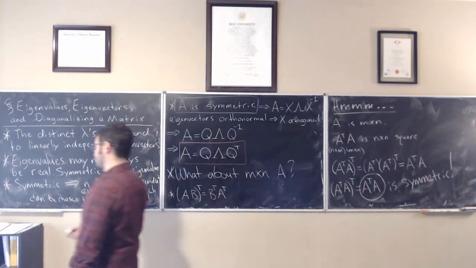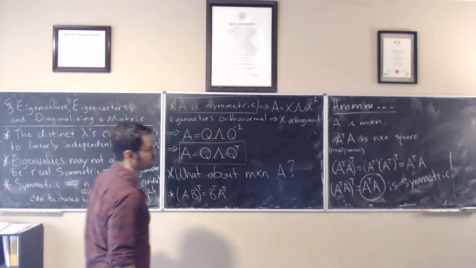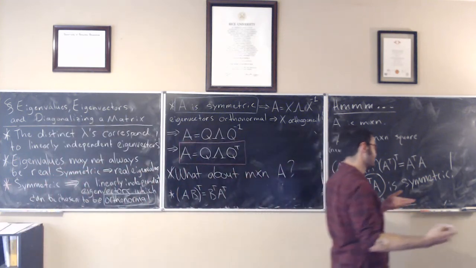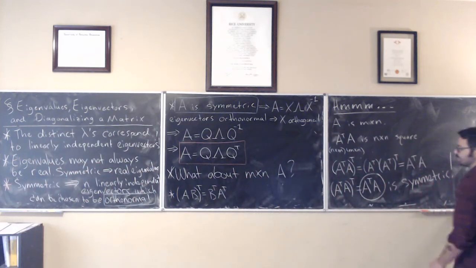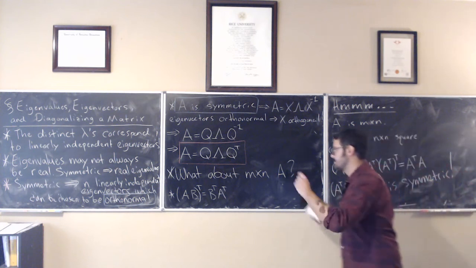A transpose times A is a symmetric matrix. A times A transpose is also symmetric. But in particular, A transpose times A is a square symmetric matrix.